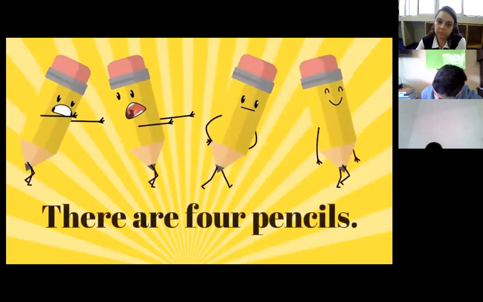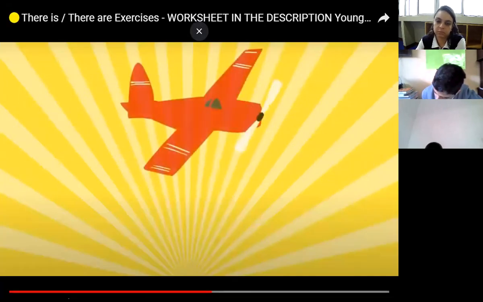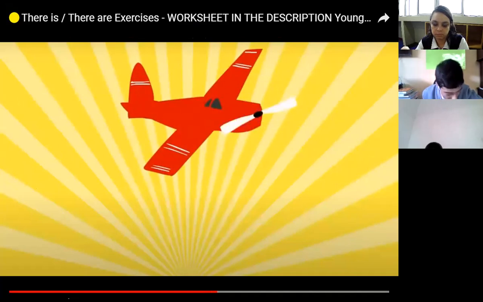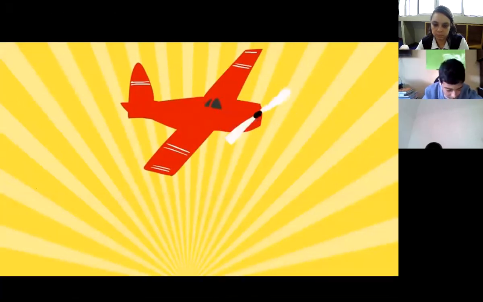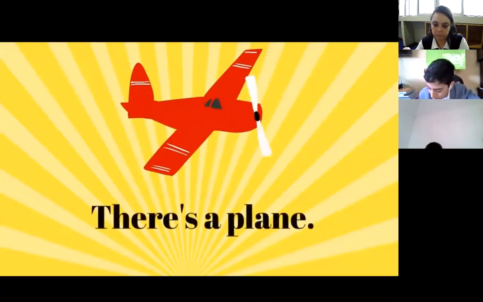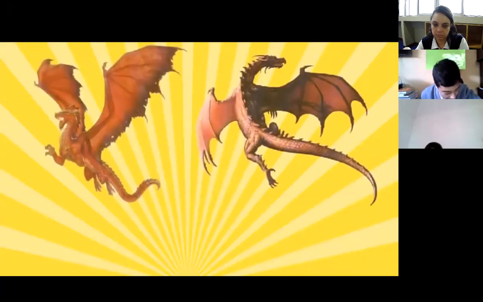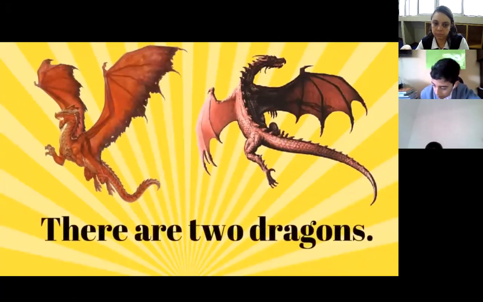There are 4 pencils. There's a plane. There are 2 dragons.